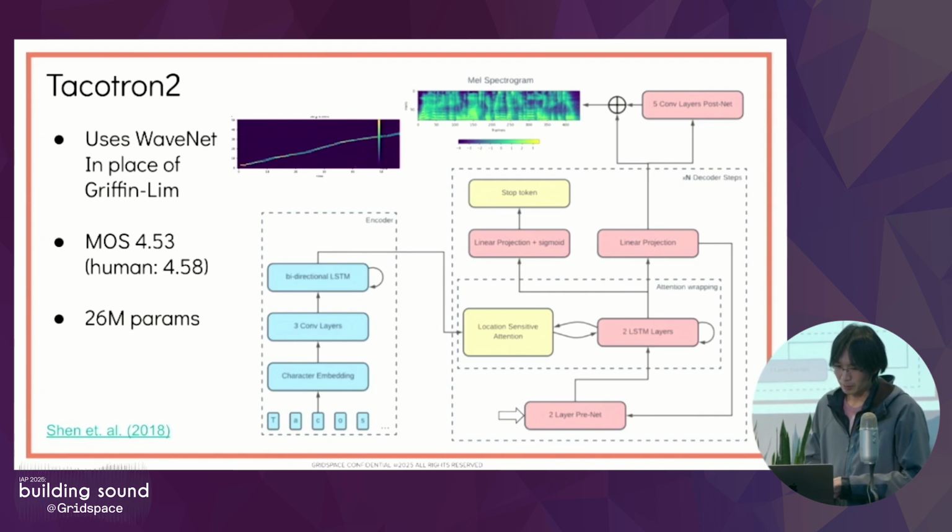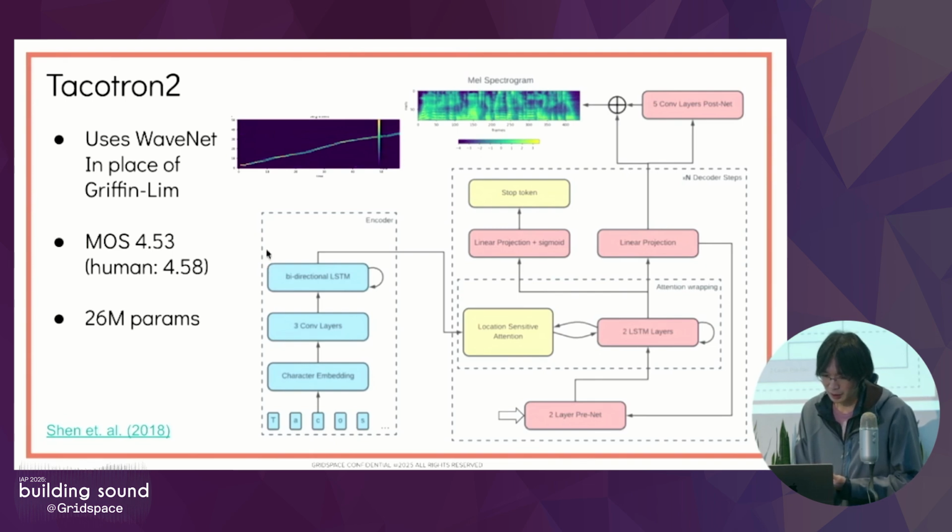So it's just a much fancier way to generate the audio frames from the MEL spectrogram. And it has a higher mean opinion score, which is approaching the human ground truth labels. And it's only 26 million parameters.